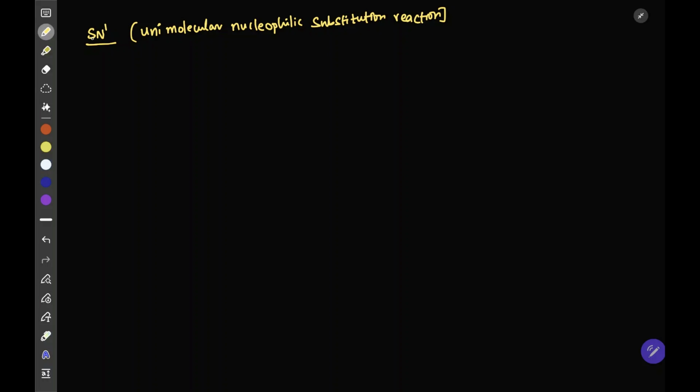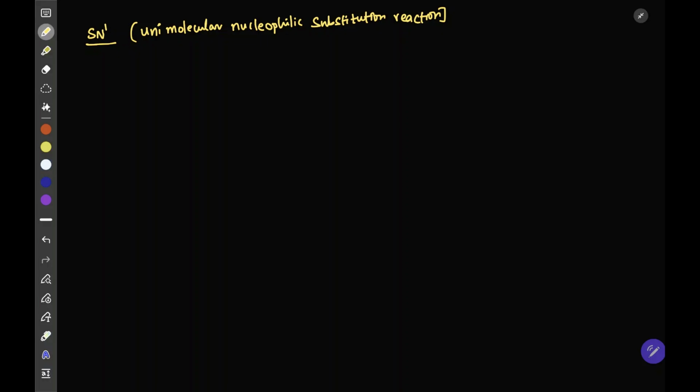So S stands for substitution, N stands for nucleophilic, and 1 stands for unimolecular. The entire term is unimolecular nucleophilic substitution reaction, meaning one nucleophile is going to be substituted by another nucleophile.